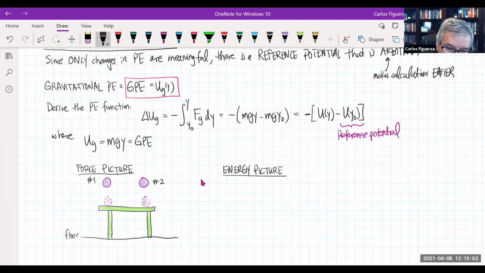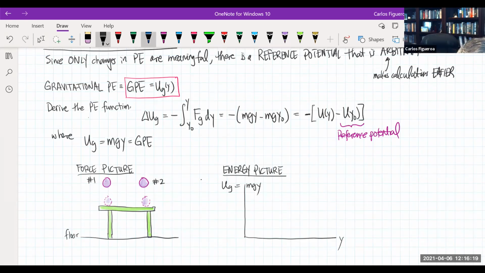The first thing you want to pay attention to is the potential energy function. Now, if I plot the potential energy function of this system, I'm plotting the gravitational potential. But what is this equal to? mgy. So I'm going to do this y.